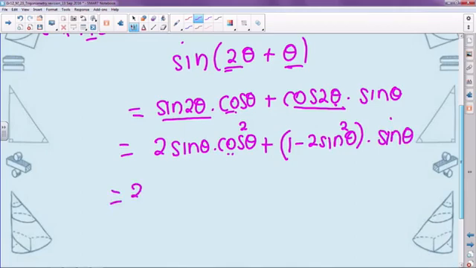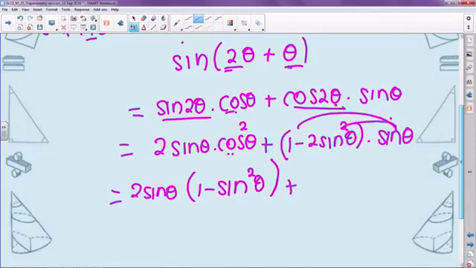Okay, so it's quite a process. Let's go to the next step. We're going to say cos squared theta we can rewrite as 1 minus sine squared theta, because remember your basic identity, sine squared plus cos squared is 1. All right, plus let's multiply sine theta into this bracket, so I get plus sine theta minus 2 sine cubed theta.